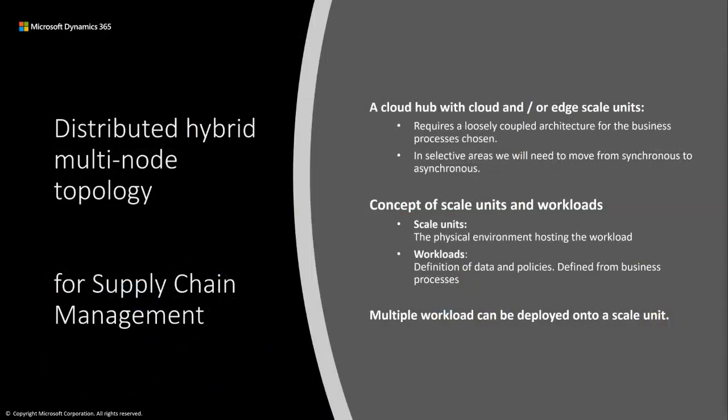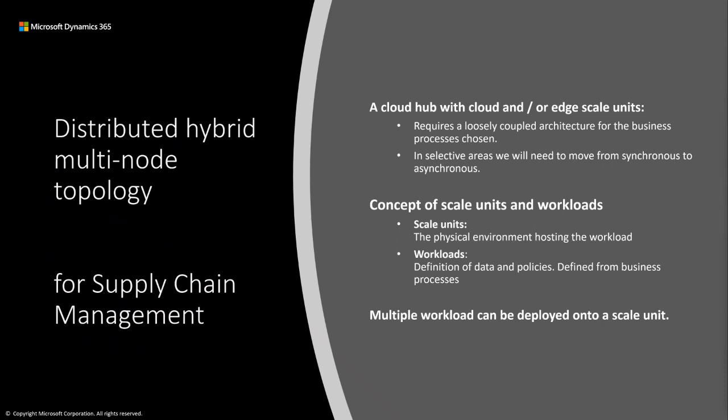So as a recap, when working within the Cloud Hub or Cloud and/or Edge scale units, it does require a loosely coupled architecture for the chosen business processes. And as I mentioned, it will support both synchronous and asynchronous communication channels depending on which deployment option you choose.